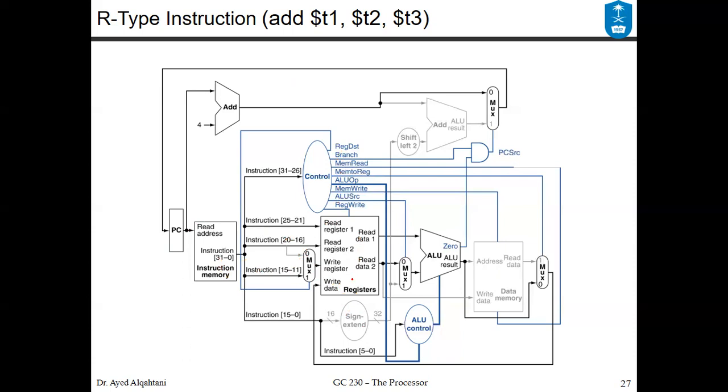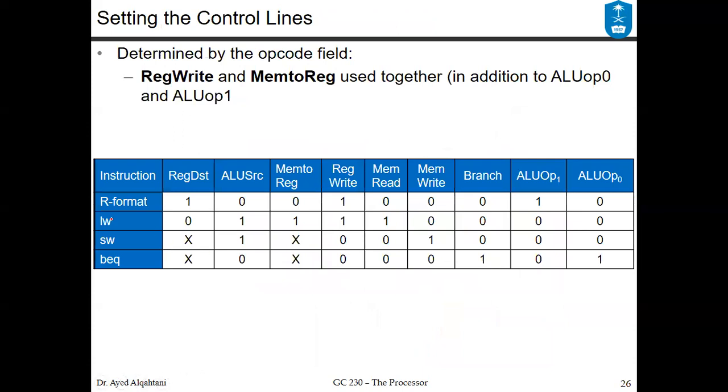Obviously, you need the register file because you need 2 operands to be read and supplied to the ALU. And then you write back, and notice that we don't have the data memory at all. You write back to the registers in the RD. And you supply all the controls based on this table that we just saw. For the R-type, you give these values over here.